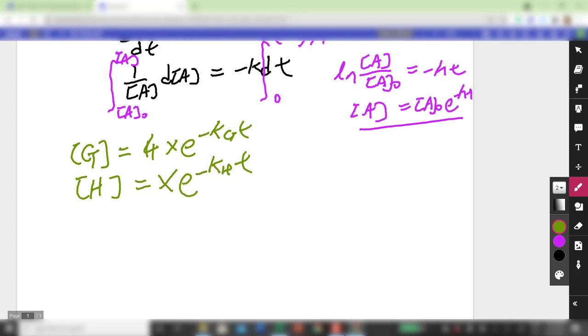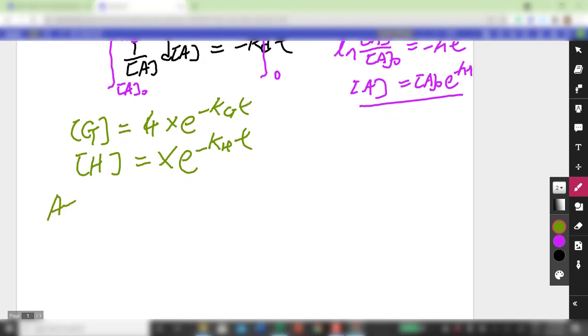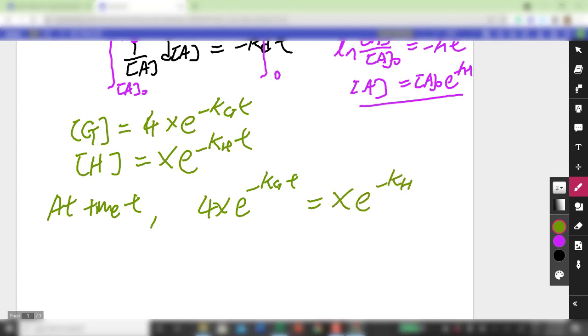We define that at time t, both will be the same. So at time t, 4x e^(-kg t) equals x e^(-kh t).